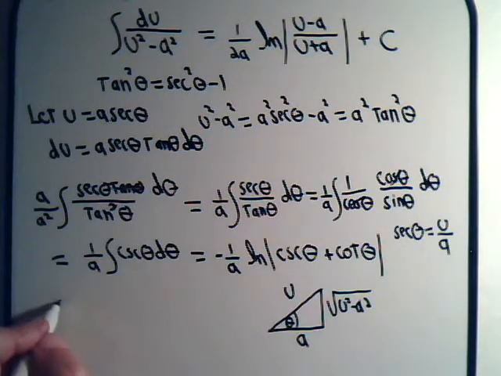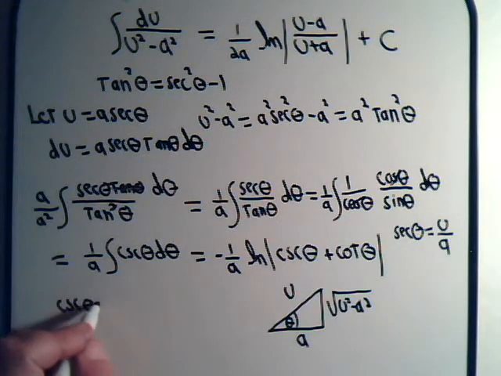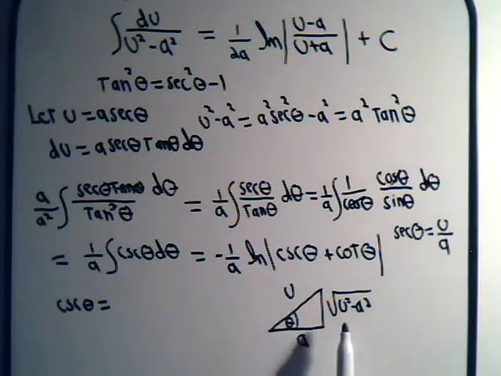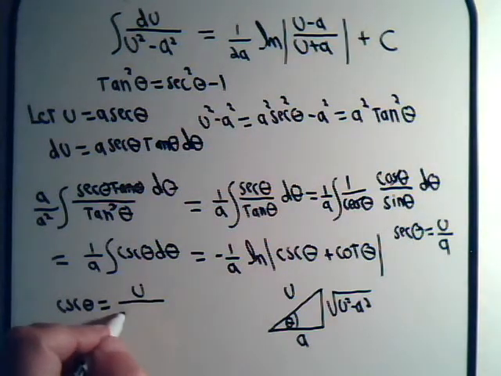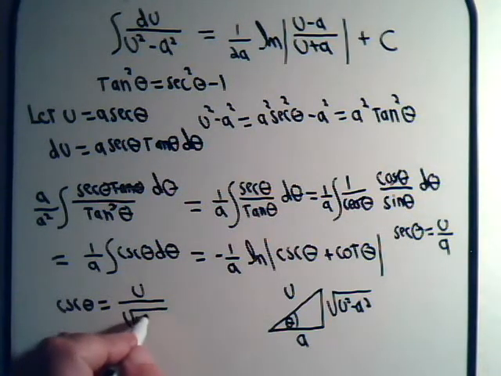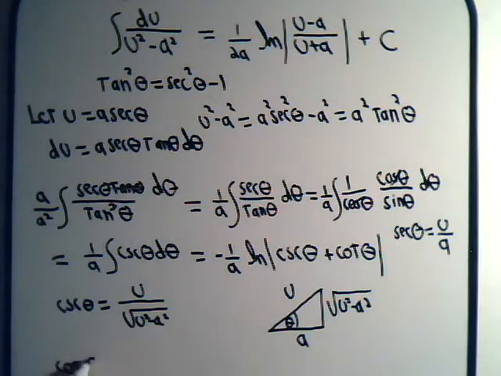Cosecant of theta, that is the hypotenuse divided by the side adjacent. So this is u divided by the square root u squared minus a squared. And the cotangent of theta, let's see, the tangent of theta is the side opposite divided by the side adjacent. The cotangent of theta is the side adjacent divided by the side opposite.